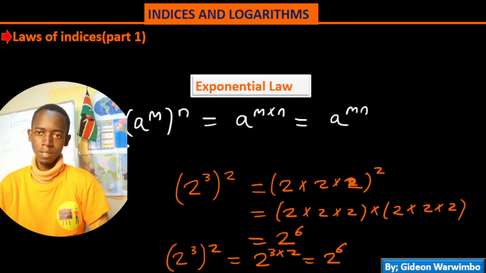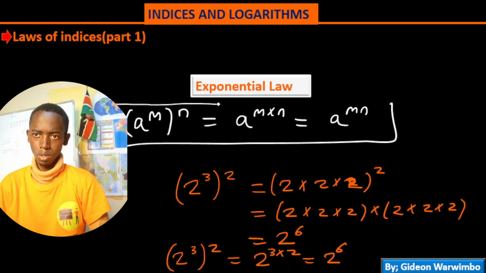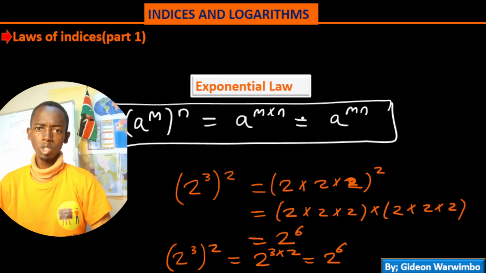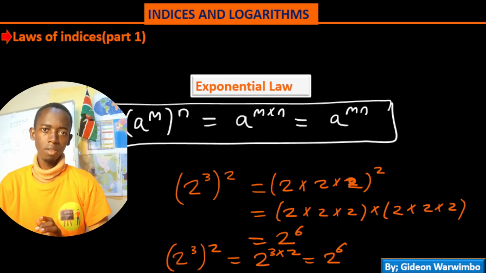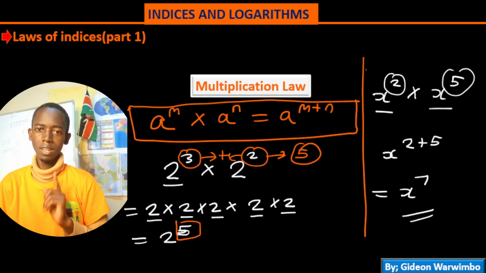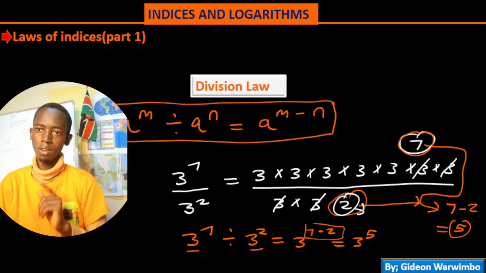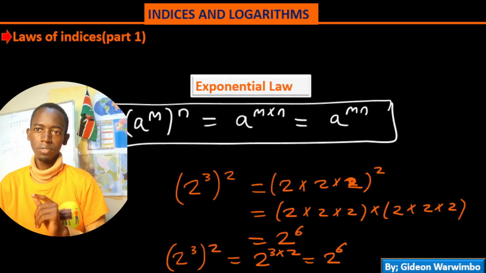And this is the third law that is commonly used as we do this topic, called indices and logarithms. So ensure that you really master these 3 laws. We have the first one there, the multiplication law. We have the second one, the division law, and we have the third one, which is the exponential law.